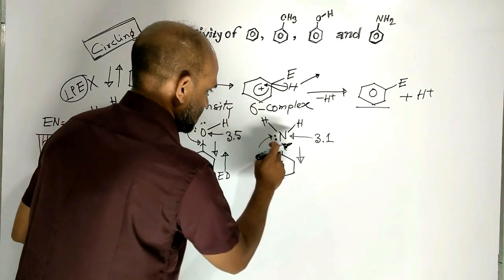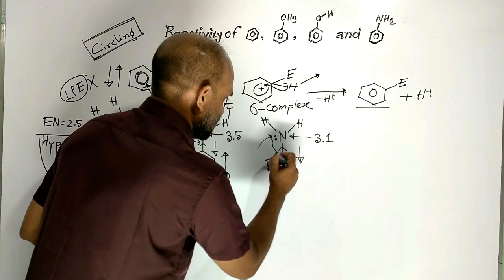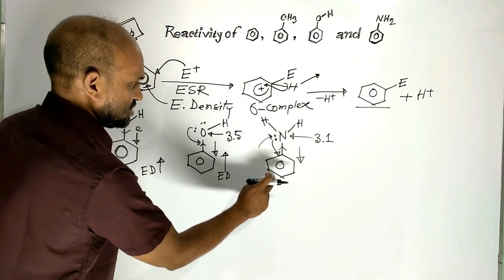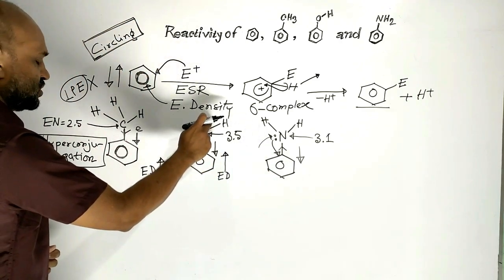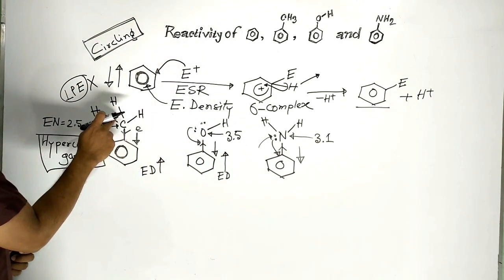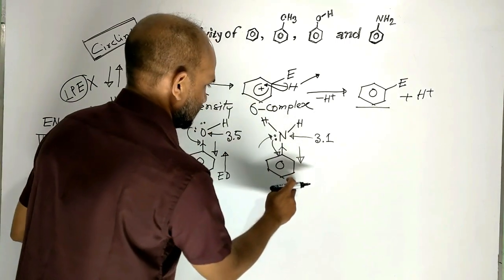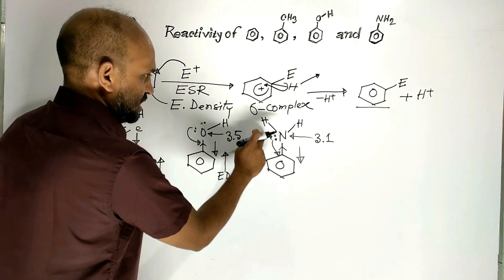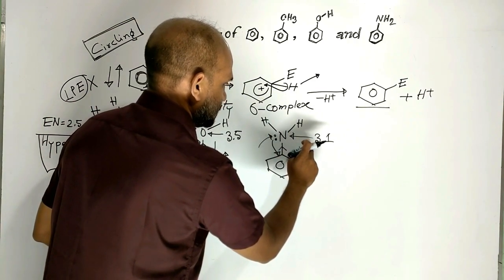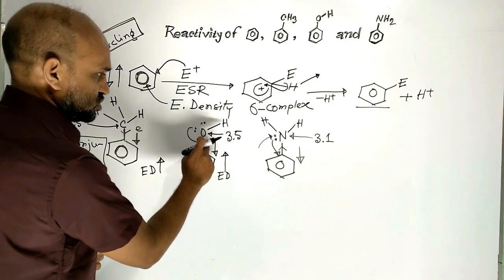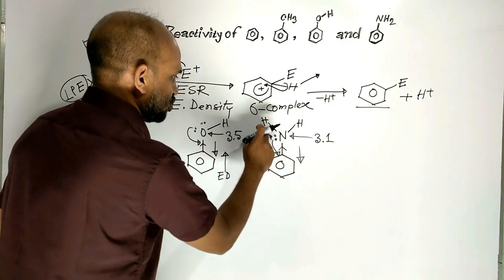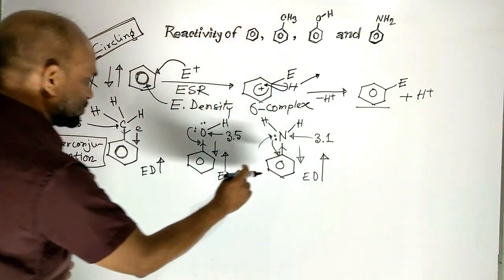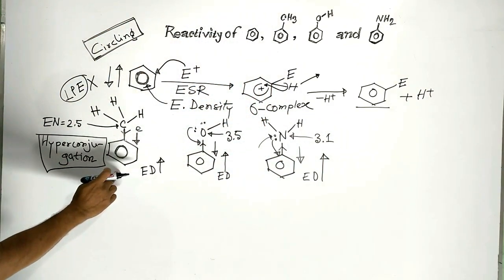So we can say that amino group has greater effect to increase electron density in benzene ring compared to hydroxyl group and compared to methyl group. That is, in aniline, nitrogen contains free pair of electrons and its electronegativity is lower than oxygen. So in aniline, amino group increases electron density the most compared to phenol and toluene.